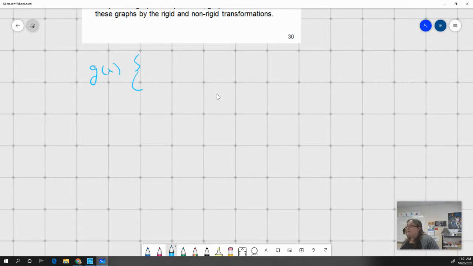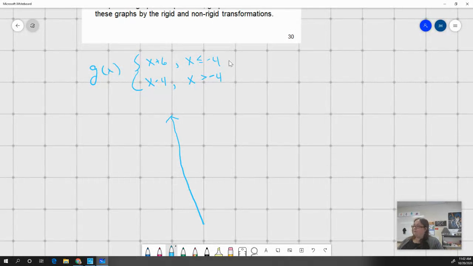And it's x plus 6 when x is less than or equal to -4, and it is x minus 4 when x is greater than -4.